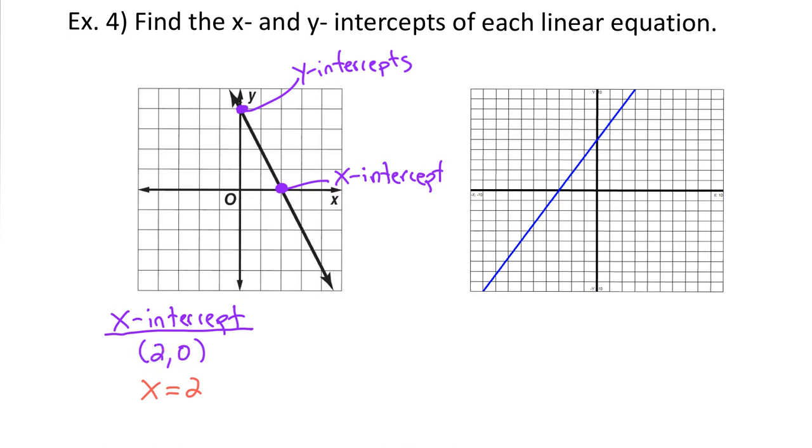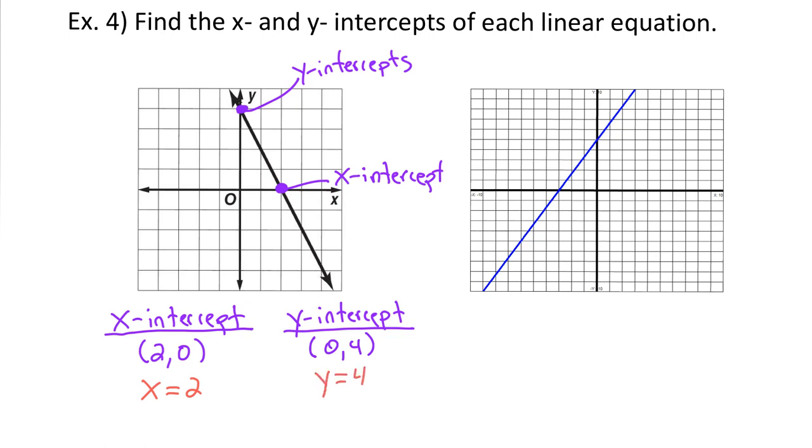Now for the y-intercept, you're going to find the coordinate of the point. The x-coordinate is 0. You don't go left or right, but you go up 1, 2, 3, 4. So my point is (0, 4). Or another way you can say your answer is y equals 4.